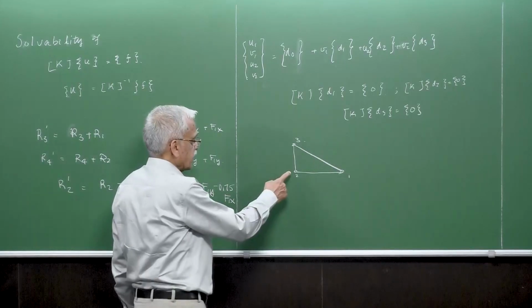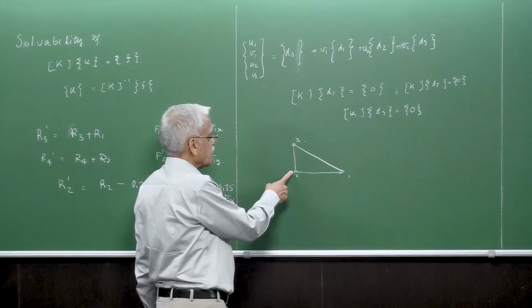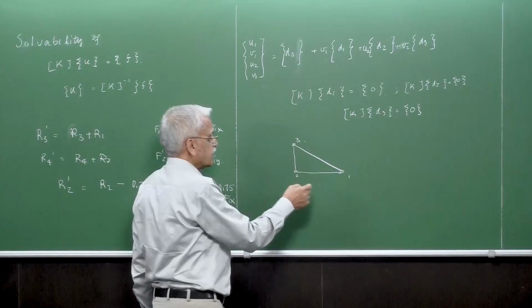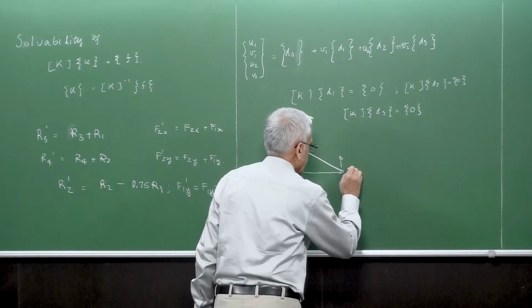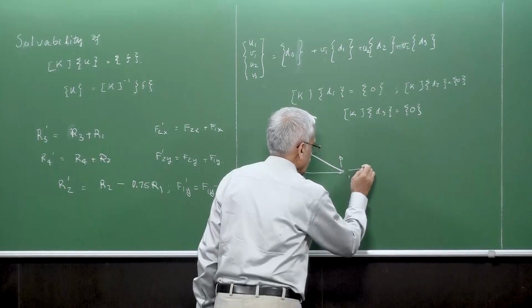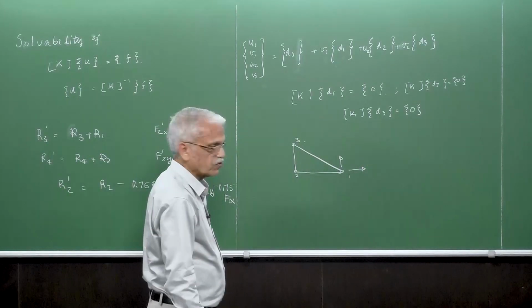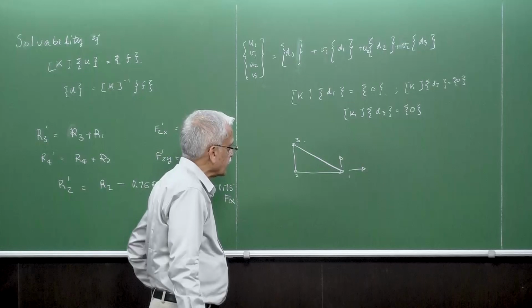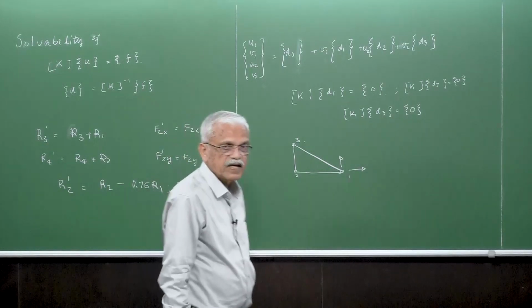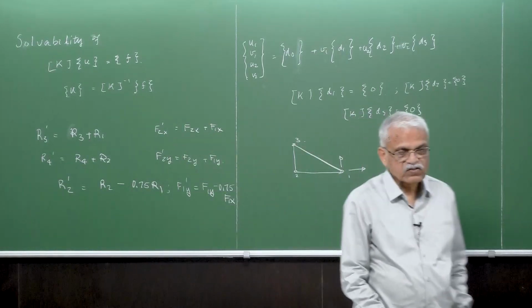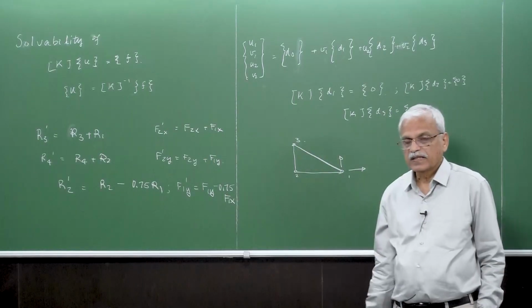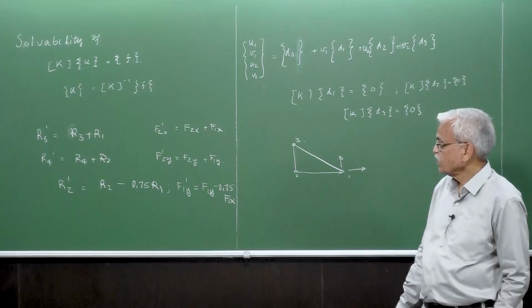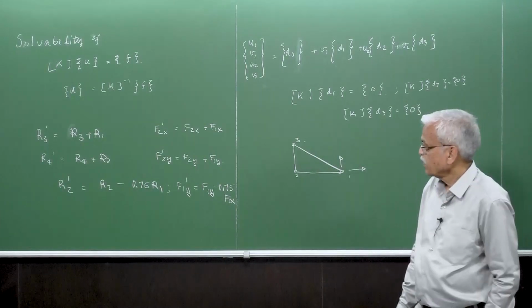So what we have done here is that we constrain both u2, v2 to 0 and u3, v3 to 0, and for u1, v1 we have applied the forces here. So what we are saying is that we have to constrain or apply the displacement boundary conditions in such a manner that the rigid body modes of this structure are removed.